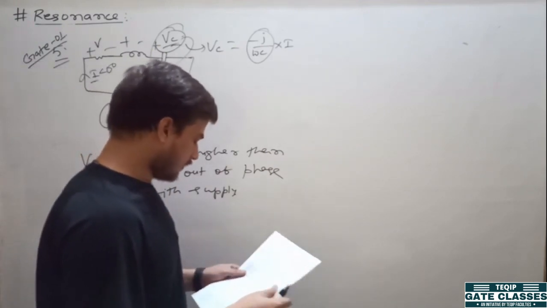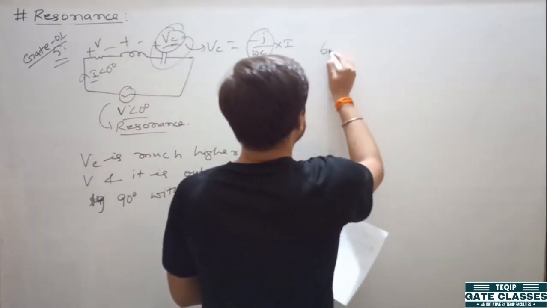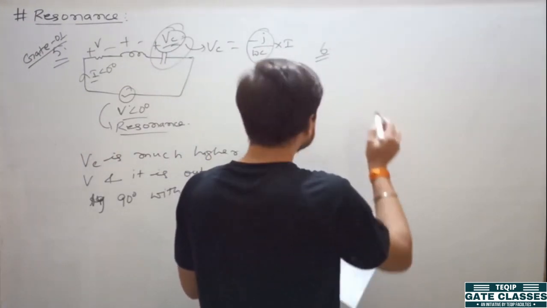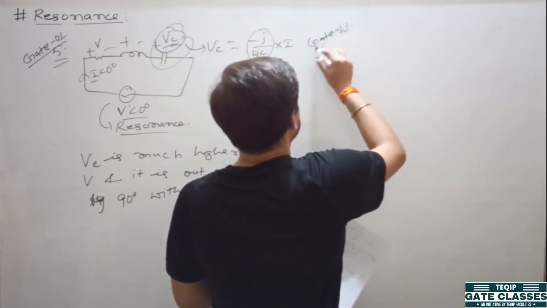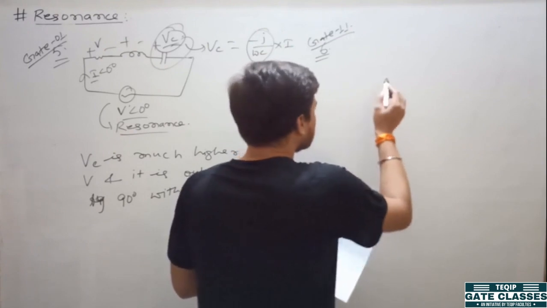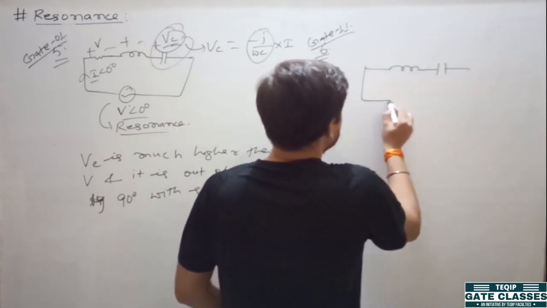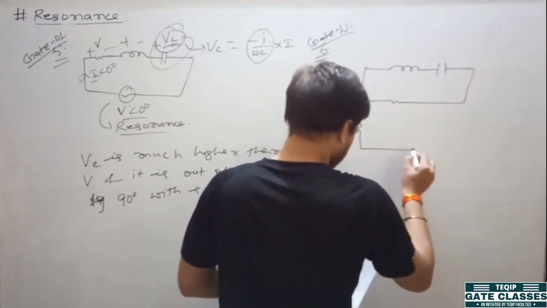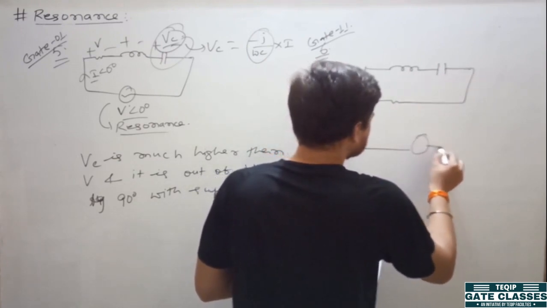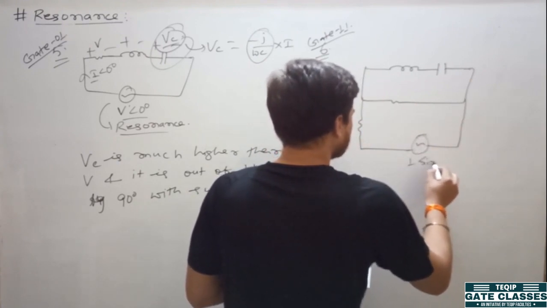See the sixth question. Question number 6, it was asked in GATE 2011. They have given inductor, capacitor, resistor, one more resistor, and there is the voltage source, 1 sin t.